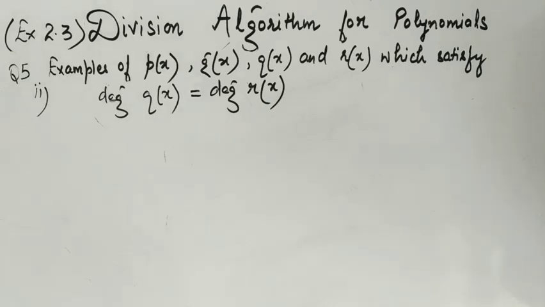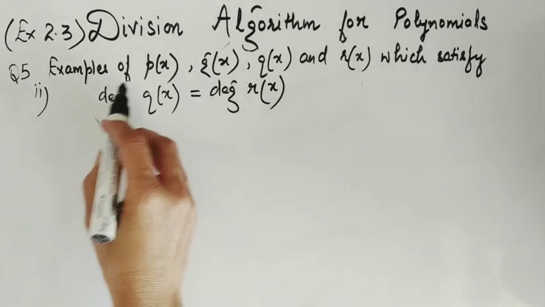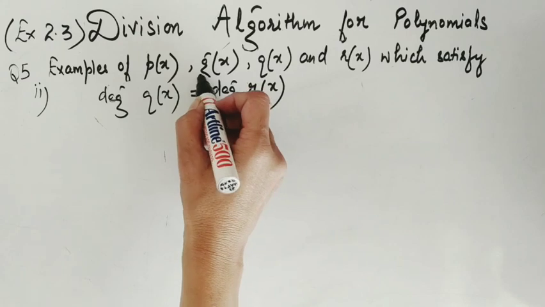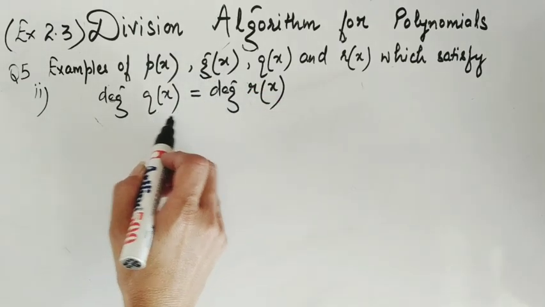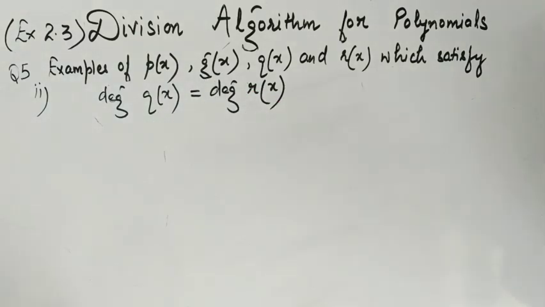Second part from the same question says, look for examples of these when degree of qx and degree of rx, quotient as well as remainder, has got same degree.